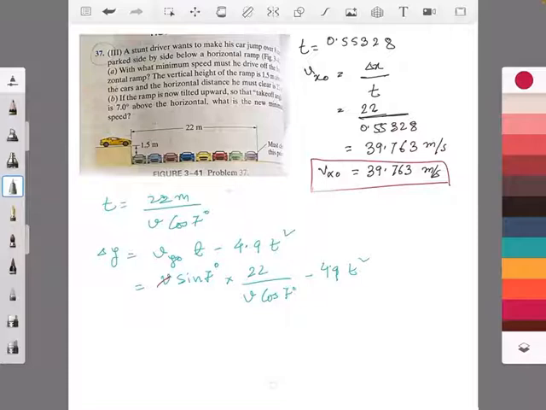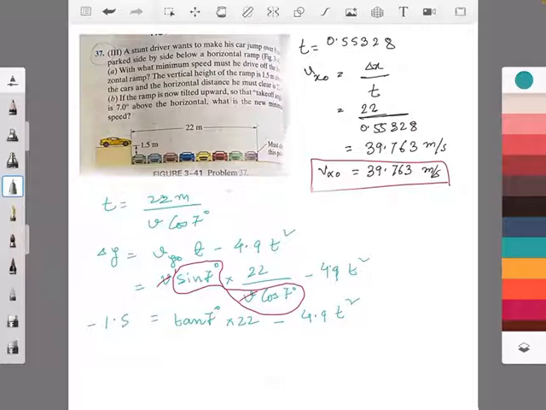Now v cancels from numerator and denominator, and we are left with sin 7 degrees by cos 7 degrees times 22, and we know that sin 7 by cos 7 is tan 7 degrees, times 22 minus 4.9 t squared. And this delta y is nothing but negative 1.5.